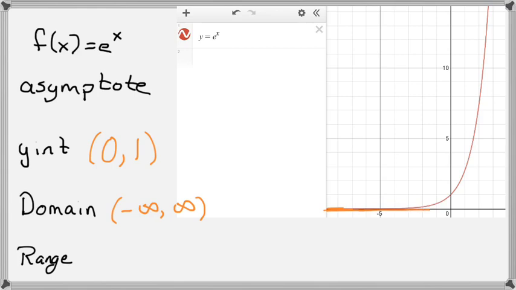If there are no transformations on any exponential function, the asymptote is going to be at y equals 0, and therefore our range is going to start at 0, we need a parenthesis there, and go up to positive infinity. So those features are the same as we had from the 7.2 lesson for the transformations of just exponential functions. Just these are all going to have this base of e.